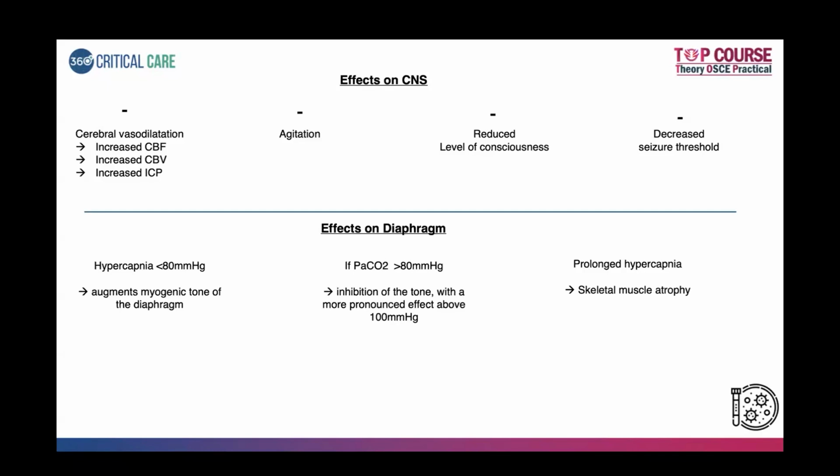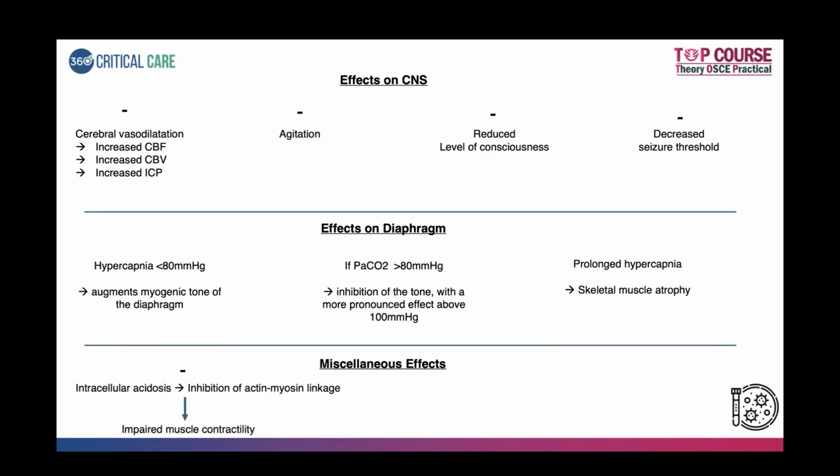And prolonged hypercapnia can itself lead to skeletal muscle atrophy because it leads to the release of reactive oxygen species, which can lead to muscle injury and that can lead to atrophy. As for miscellaneous effects, it can cause intracellular acidosis, thereby leading to inhibition of the actin-myosin linkages, leading to impaired muscle contractility. So that is a negative effect.